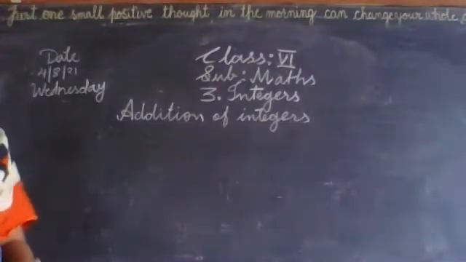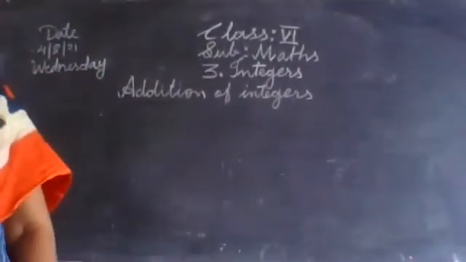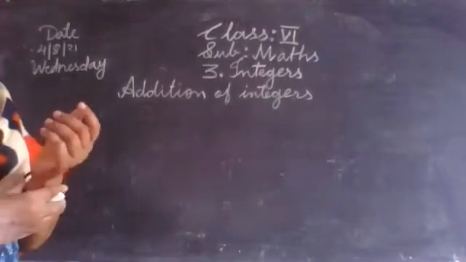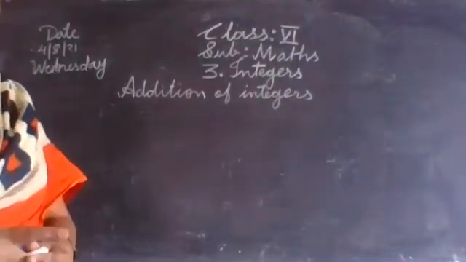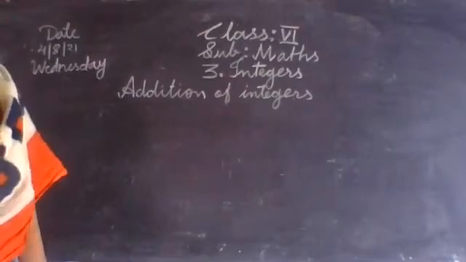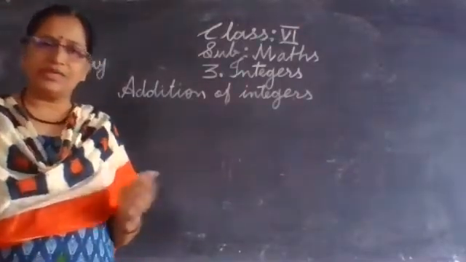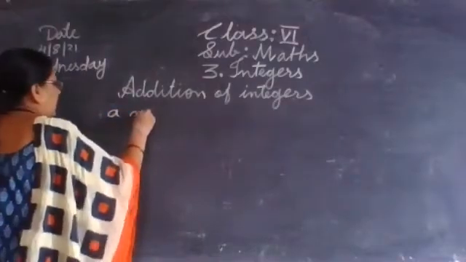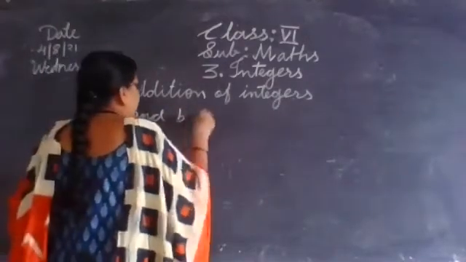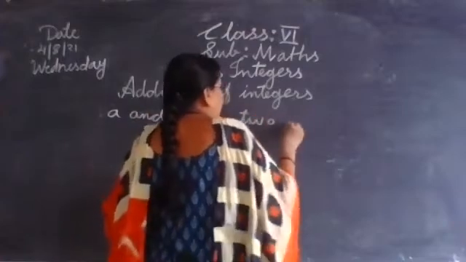Now see children, we have seen how to add the integers on number line, but you can do the addition without number lines. So for that you have to follow some rules. Let A and B be two integers.